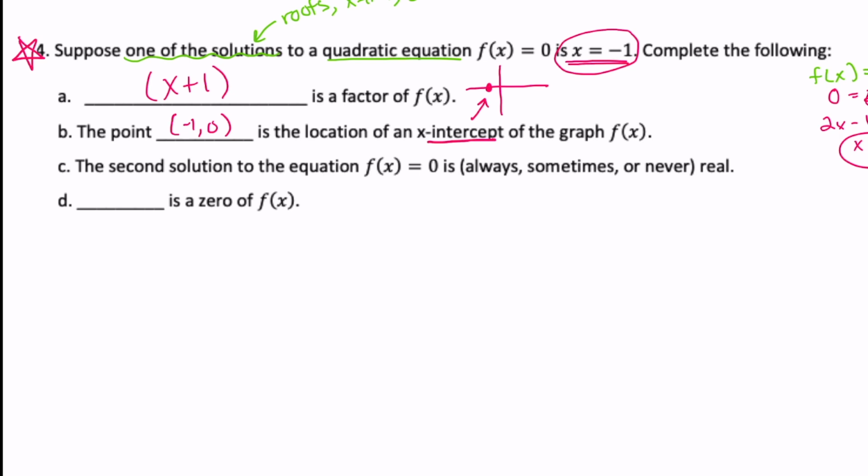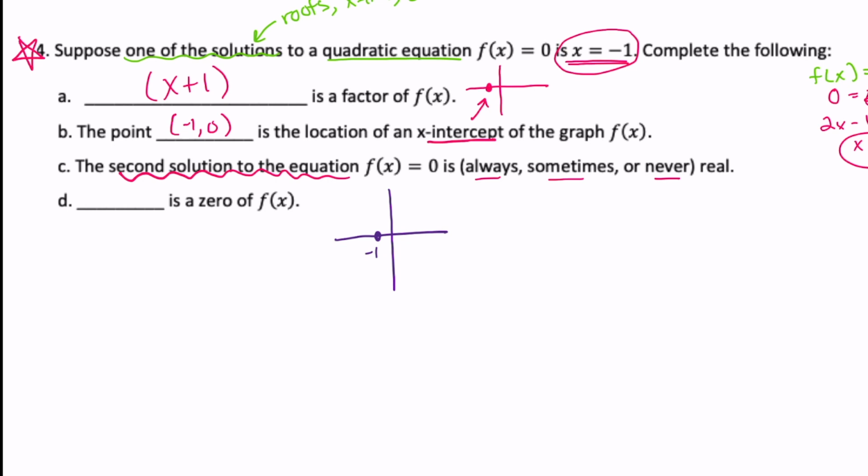Then it says the second solution of the equation f of x equals 0 is always, sometimes, or never a real solution. Okay, that's a deep question. We really have to consider what this graph would look like if it had that solution at -1. What are our possibilities?